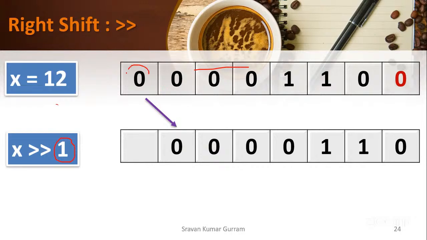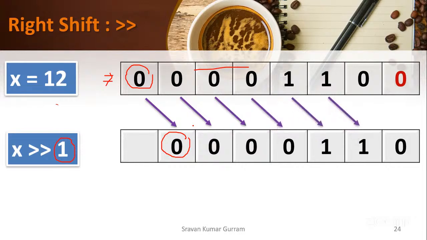See, this value, which is in the first cell of the input, is going to be stored in the second cell, from left to right, because it is moving to the right hand side by 1. One position incremented in the right hand side direction. Like that, every bit is going to be stored in the next cell. It's moving to the right hand side by 1.